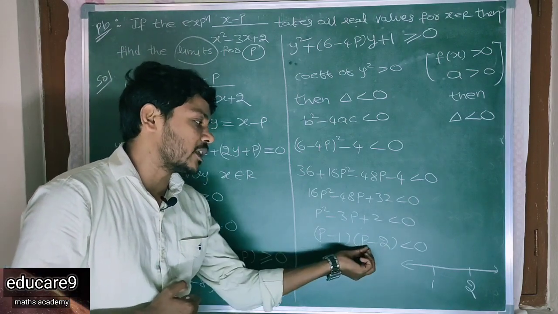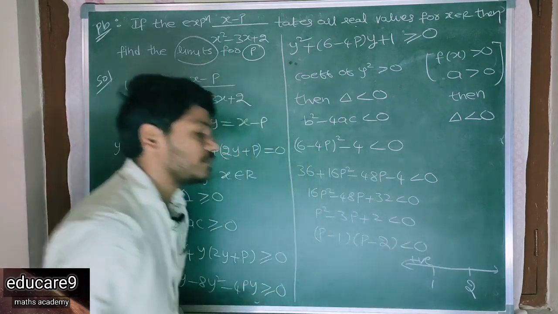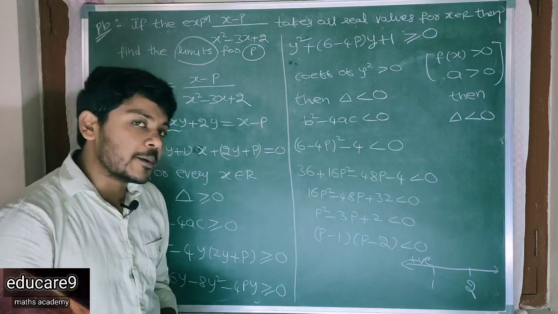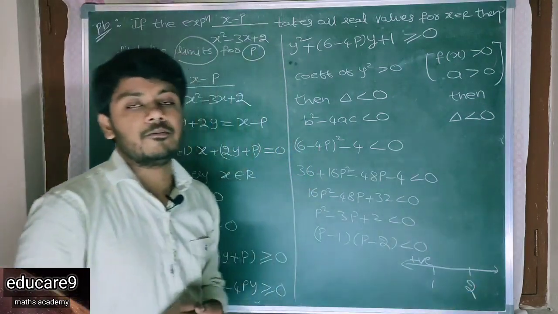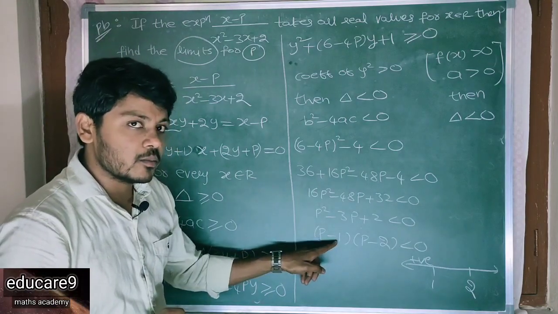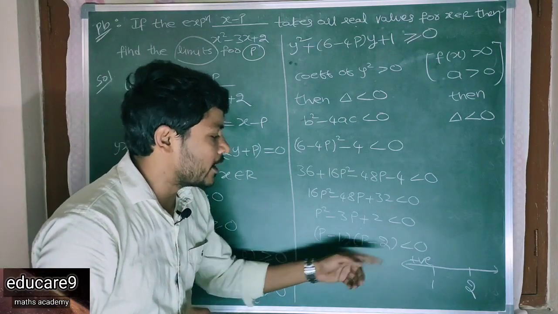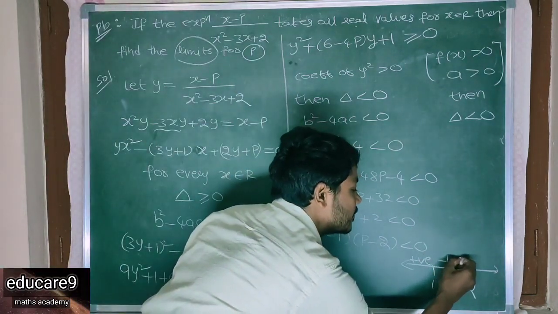So clearly product of negatives, you get a positive sign. If you substitute p values in the interval 1 and 2, for example 1.5, 1.5 minus 1 is positive, 1.5 minus 2 is negative, positive into negative, negative sign.